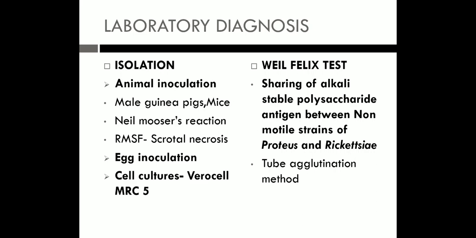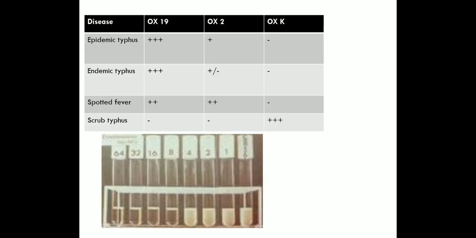So here rickettsial antibodies are detected by using the Proteus antigens, and it is generally a tube agglutination test where serial dilutions of the patient's serum are made and treated with the non-motile strains of Proteus vulgaris, that is OX19, OX2 and OXK. The reason why it is called the non-specific test is because of the results which you are seeing here.